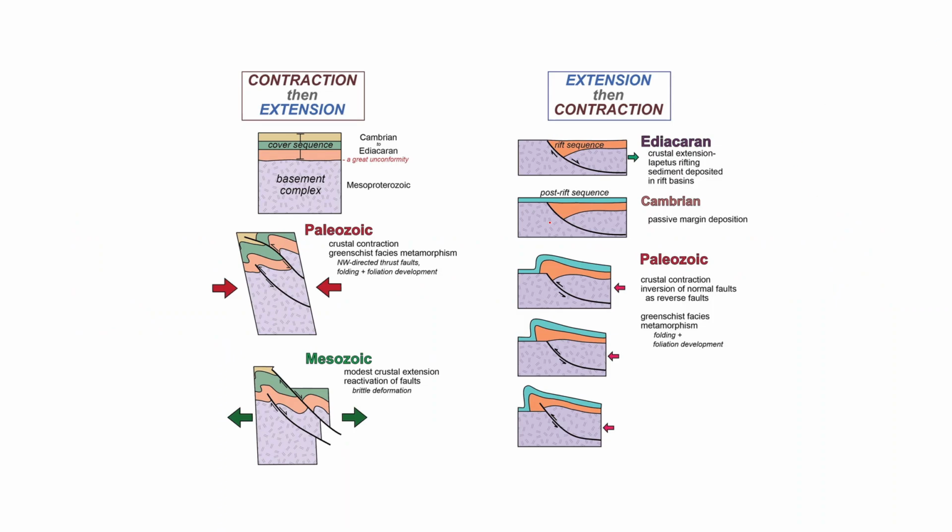So this is an image also. I had shown this in the last class also. Here you can see, if this is the normal situation of that area, then after a period of time you are having crustal contraction, and contraction or compression will result in thrust faults or reverse faults.